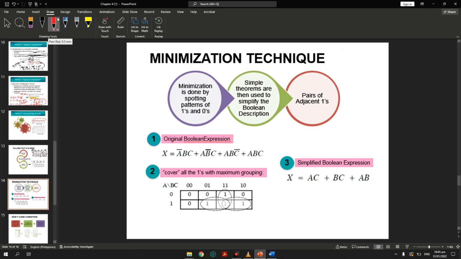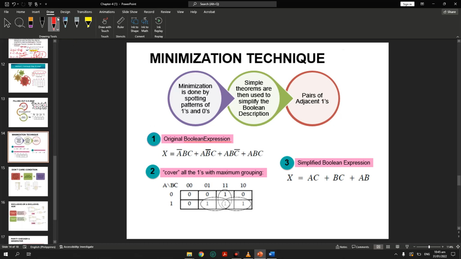So here, we are pairing the adjacent ones in K-mapping. In K-maps, we have a rule on how many ones should be grouped.